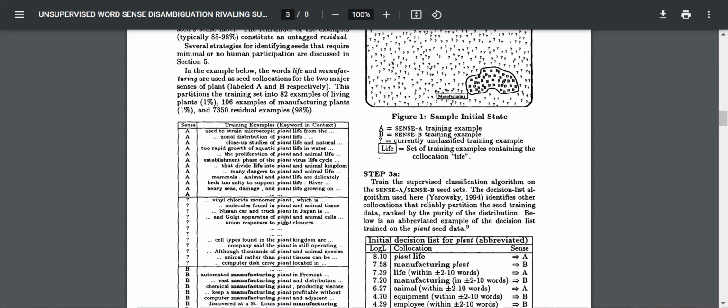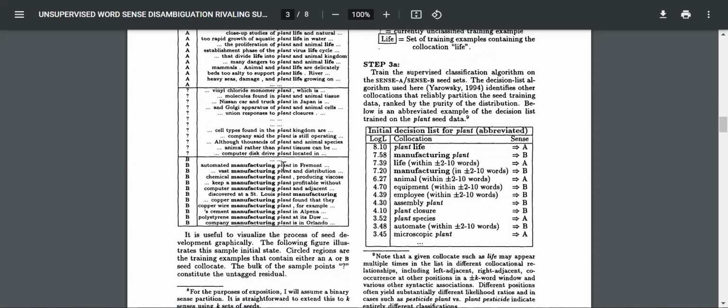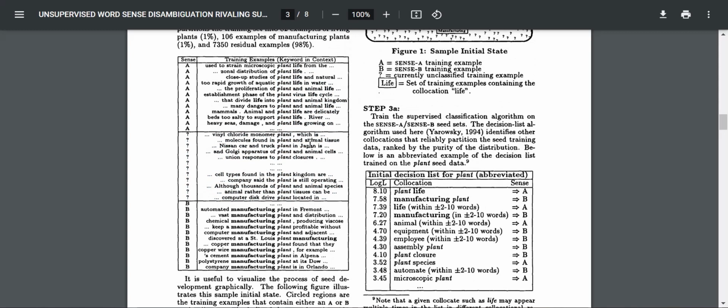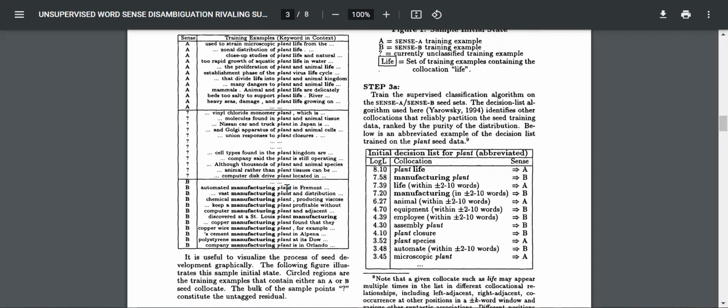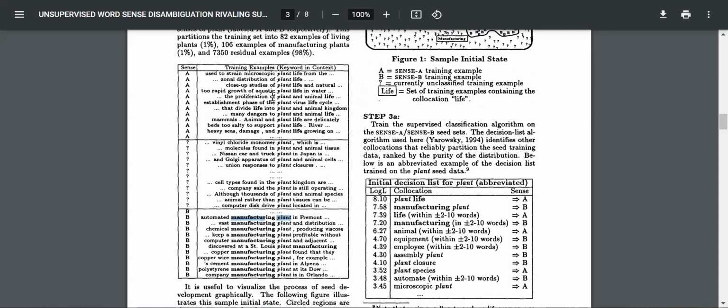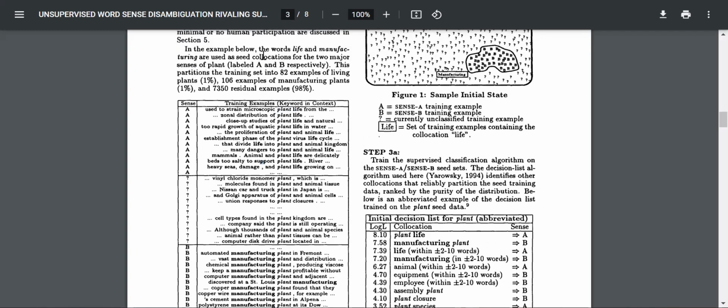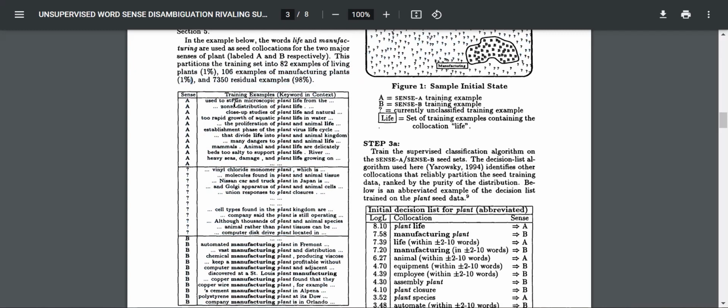So plant life and manufacturing plant together are creating the two senses, and then they have these examples which do not fit in either of these, where manufacturing plant or plant life was not directly present. So this partitions the training set into 82 samples of living plants, which is 1% of the data set, 106 examples of manufacturing plants, which is also around 1% of the data set, and 7,350 residual examples, which comprise 98% of the data set.